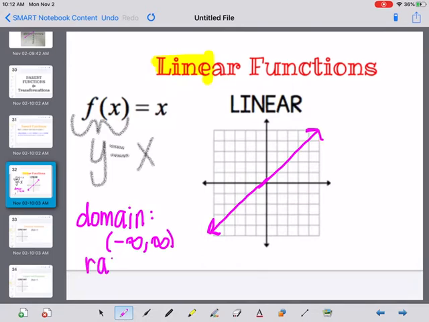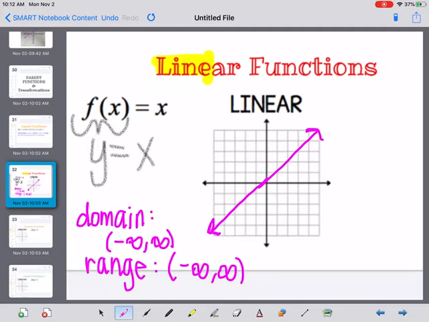And what is my range? My range is my y value. So what is my range going to be? Negative infinity to positive infinity. Very good. So anytime you see your first expression, y equals x, you know you're working with a line. So we have a linear function.